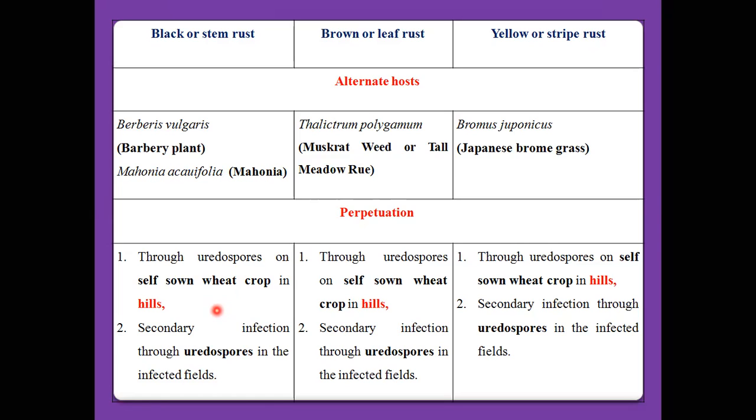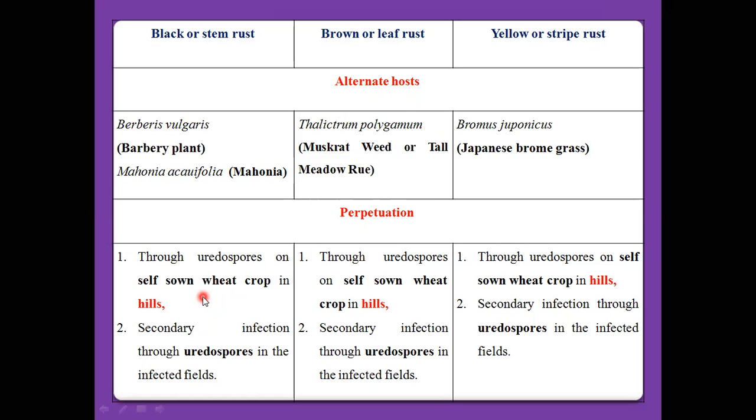So these urediniospores and other spores die completely in the high temperature of April and May. In the same months, the spores survive on the other alternate hosts present in the Nilgiri Hills, Palani Hills and Himalaya regions, particularly in the north as well as the south.